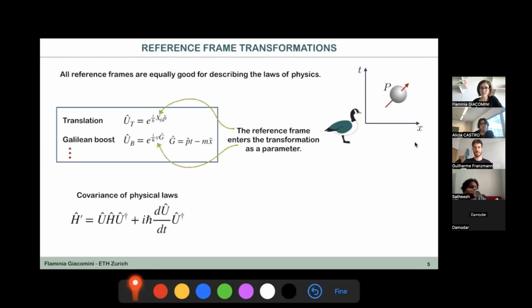I'm saying U is a reference frame transformation because I'm interested in reference frame transformations, but in principle, this holds for any unitary operator that I apply to my quantum state. And in addition, we say that a unitary transformation U is a symmetry of the dynamical law if the functional form of this Hamiltonian after the transformation is the same as the functional form of the Hamiltonian before the transformation.